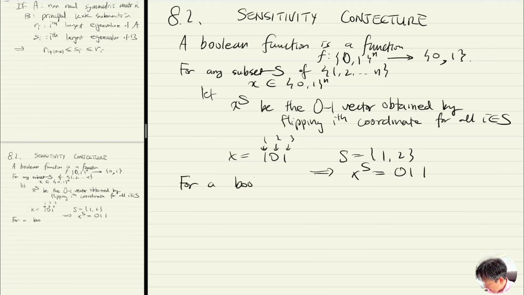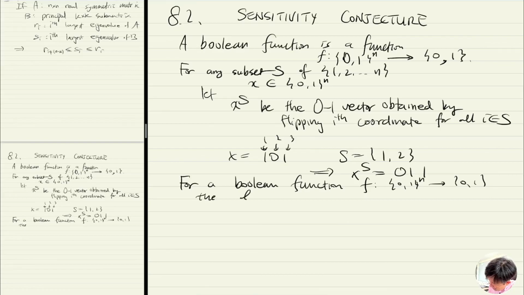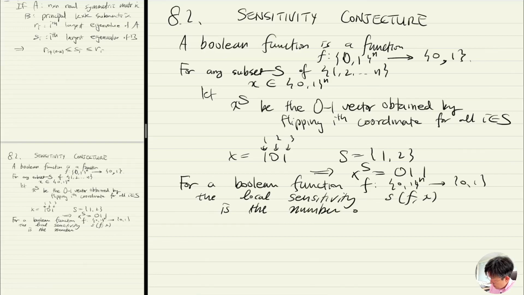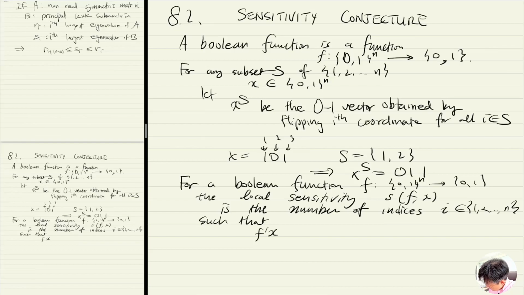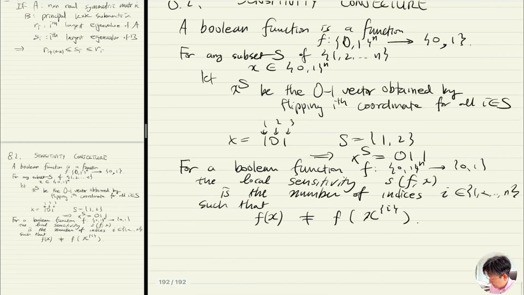Then for a Boolean function f, the local sensitivity s(f, x) is the number of indices i from 1 up to n such that f(x) is different from f of x when you flip the i-th bit.